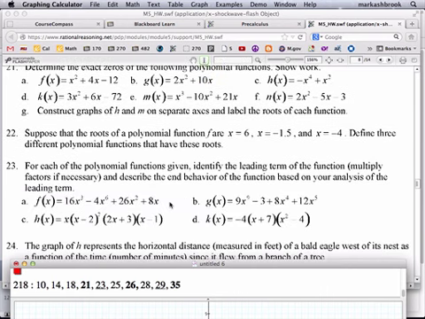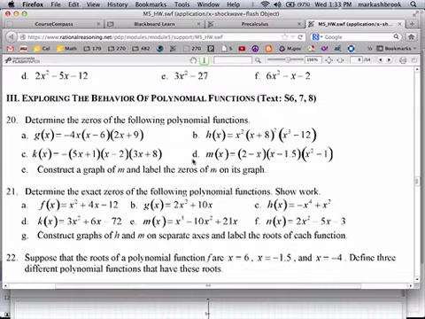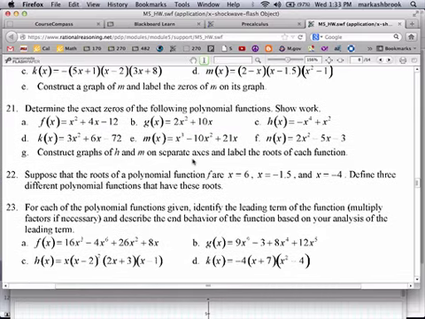So in 21, what form are we given here of the polynomials? Remember we talked about two kinds of forms of polynomials. Yeah, standard or expanded form. And what was the other? Factored, right?